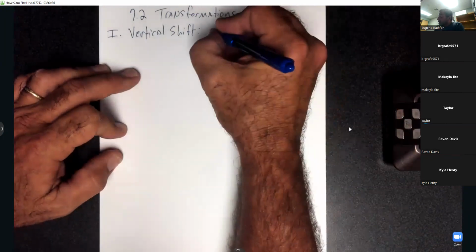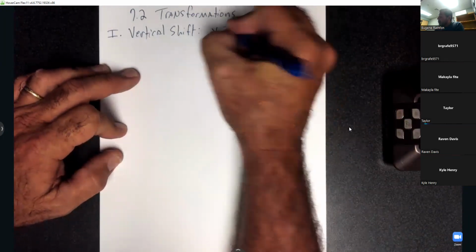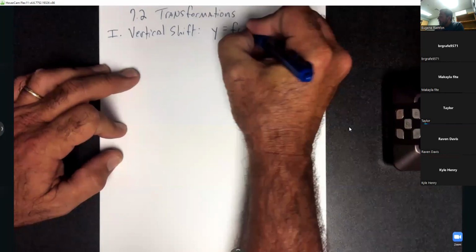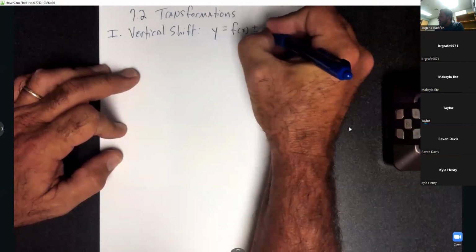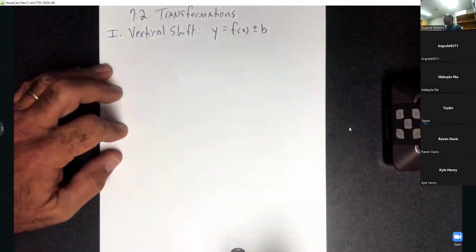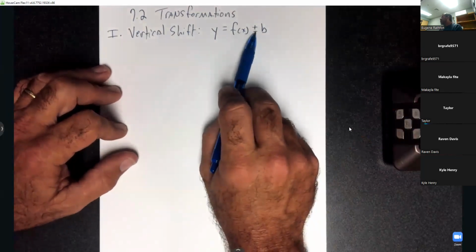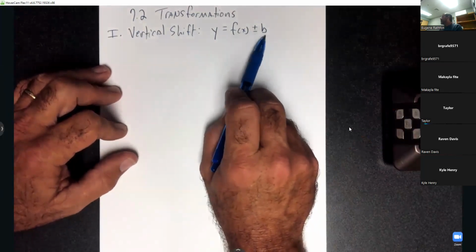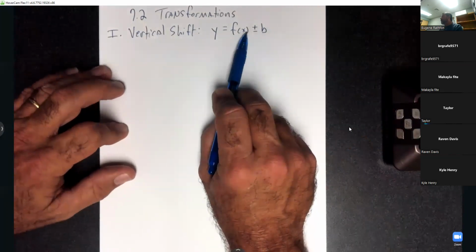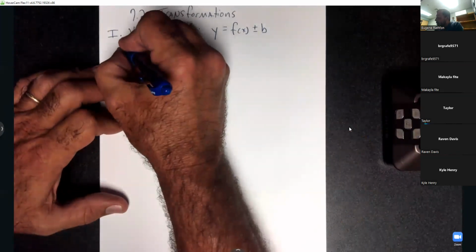All right, so a vertical shift would be y equals f of x plus or minus b. So we take a number and we add or subtract that number from our function. I'm going to give you 2 examples.